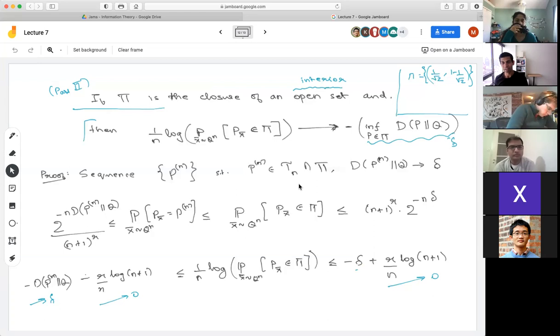So we get what we want just by taking limits on both sides of the expression. All right, so that's Sanov's theorem, which in general lets us estimate the probability that if you sample according to Q, the outcome is in some set pi. Any questions about this?